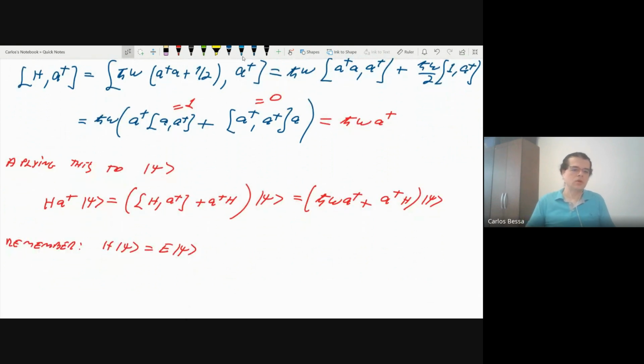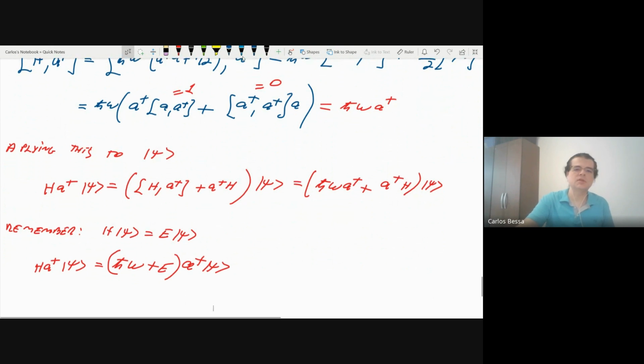So H A dagger psi is just H bar omega plus E, A dagger psi.